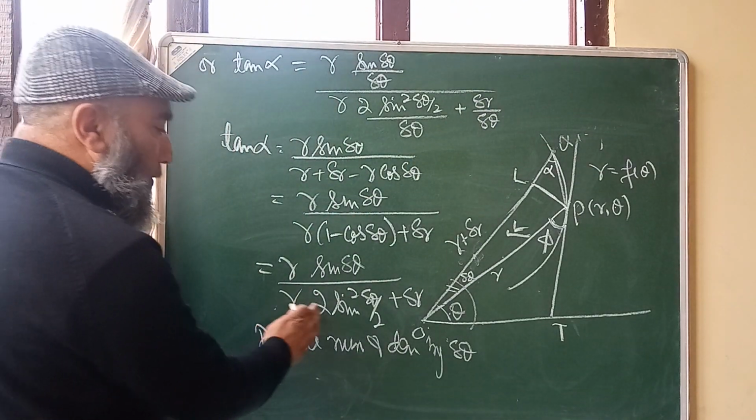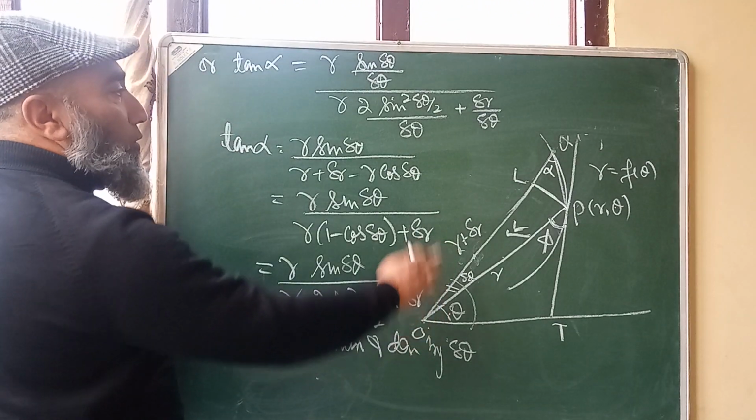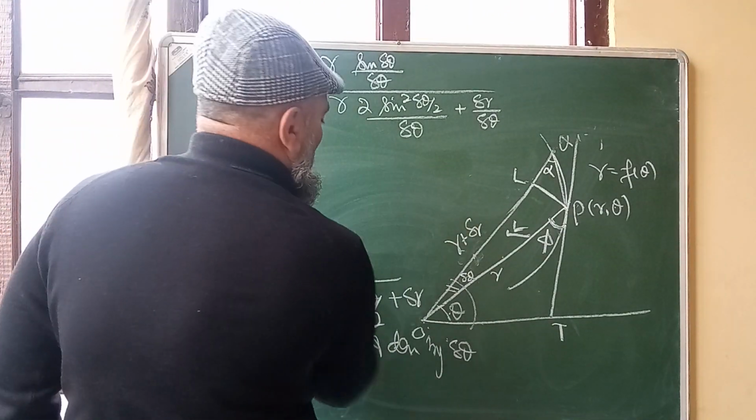Let me divide and multiply, so I divide numerator and denominator by del theta. So I have taken them separately. What will I get now?